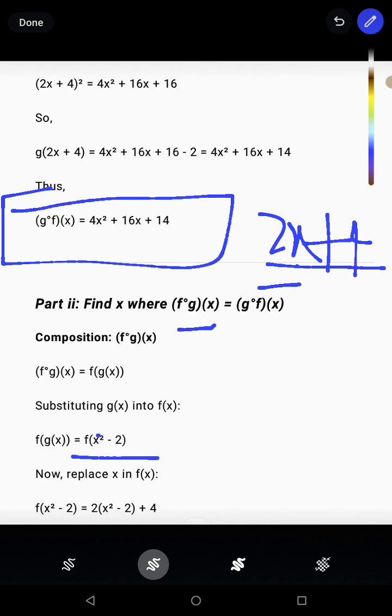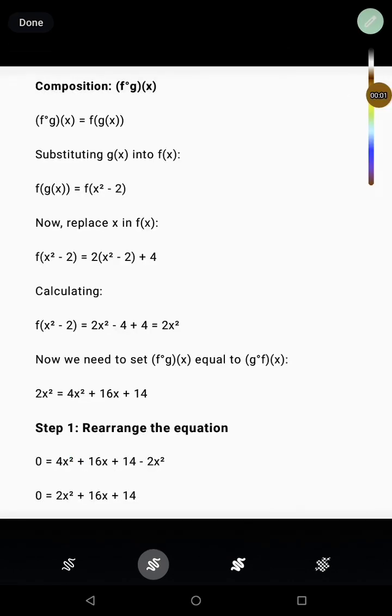If you open this bracket, that will be 2 into bracket s squared minus 2, then plus 4. You get 2s squared, 2 times minus 2, that's minus 4, plus 4. So at the end of the day, f compose g of s is actually 2s squared.